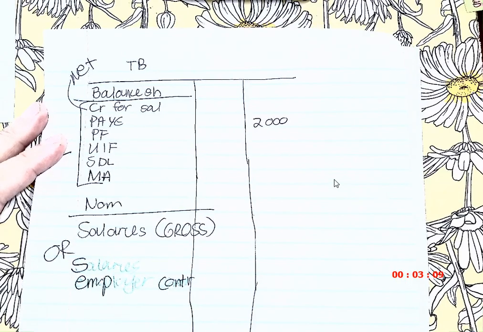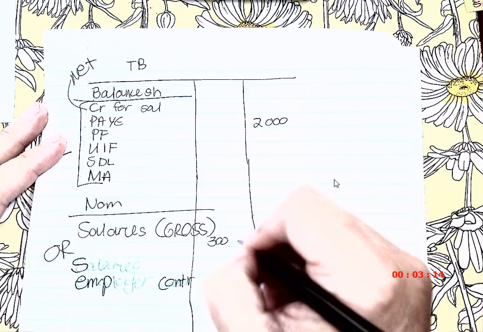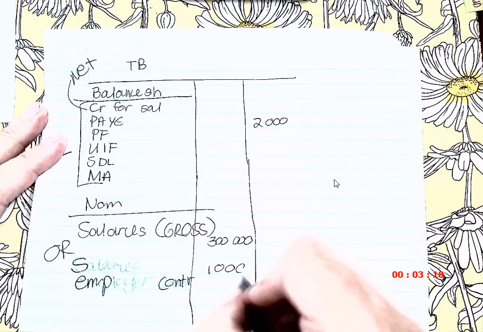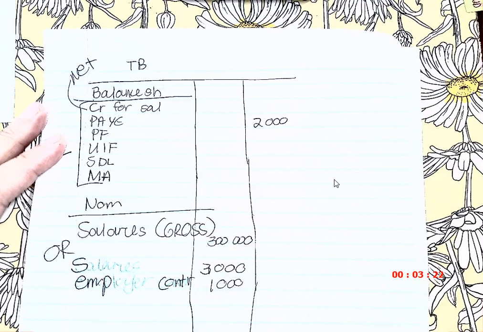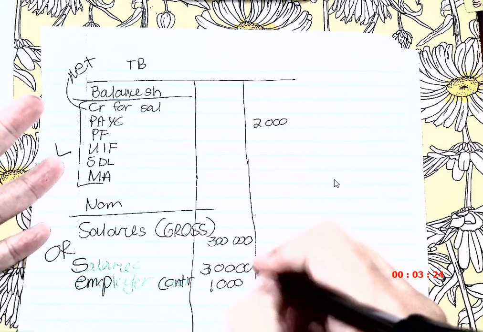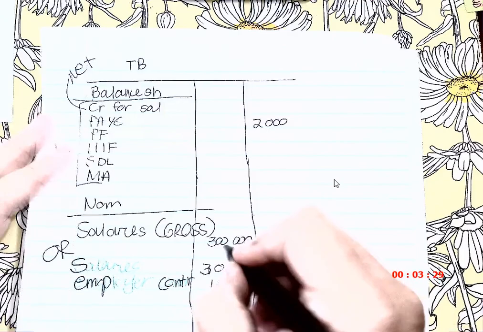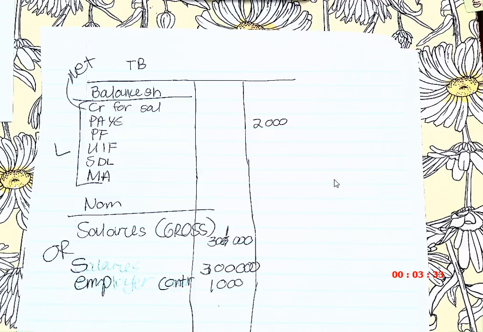Okay? So if there's amounts in there, it will be on the debit side. Okay? So let's say salaries is 301,000, then here 301. You get what I'm saying?